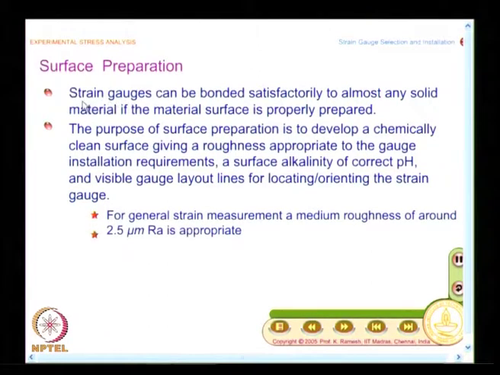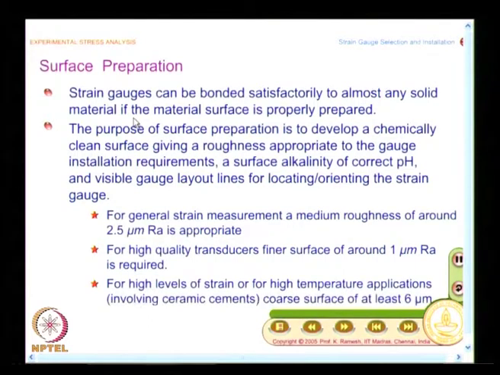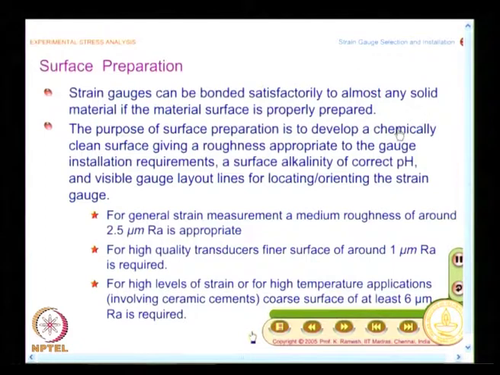Strain gauges can be bonded satisfactorily to almost any solid material if the material surface is properly prepared. And what is the focus of surface preparation? I have to know the focus, then you will be able to appreciate the procedure involved. The focus is to develop a chemically clean surface, giving a roughness appropriate to the gauge installation requirements.